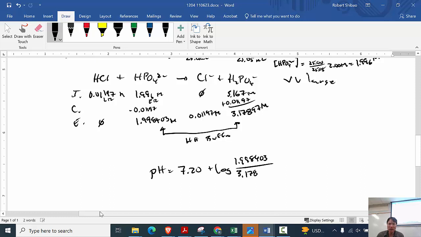How do you see that was an HH buffer? Because it's the base and acid conjugate pair. In fact, it's the same base and same acid as we started with.